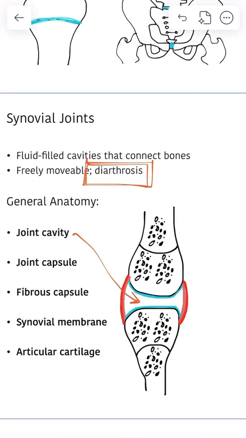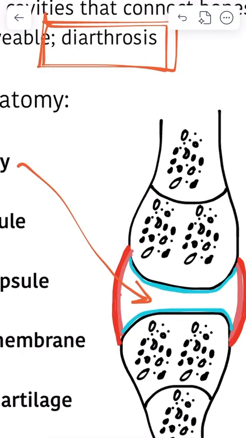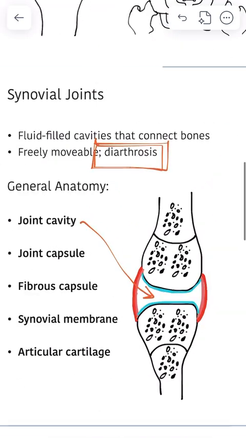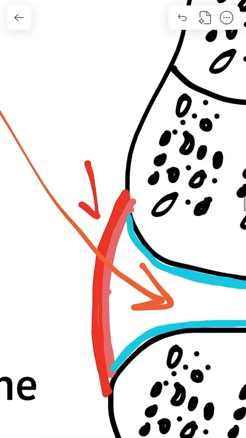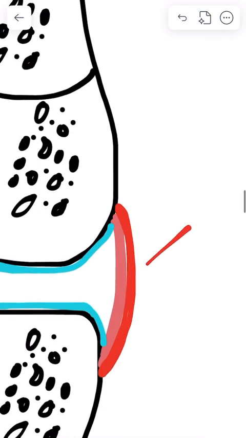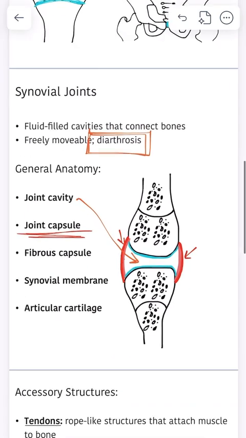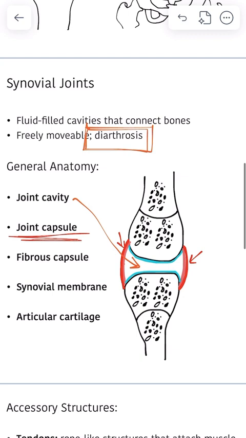The next thing is the joint capsule, which surrounds the joint cavity, including an outer fibrous capsule and synovial membrane. So that joint capsule is going to be that red outer layer here and here. The fibrous capsule is what holds the joint together and retains the fluid.